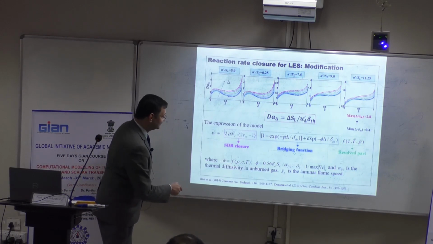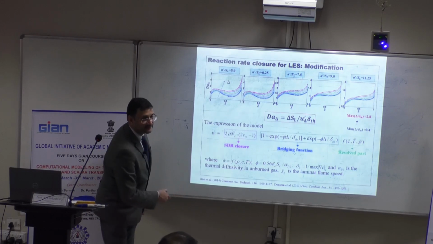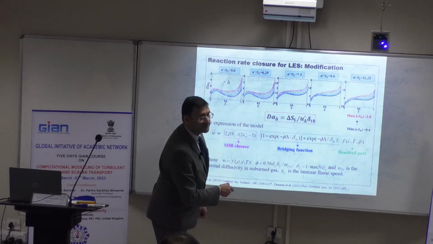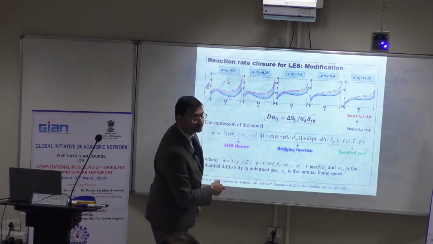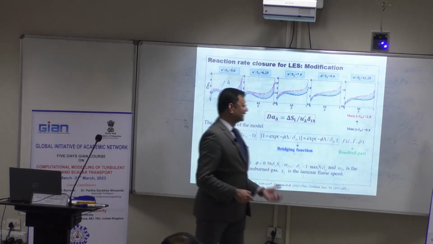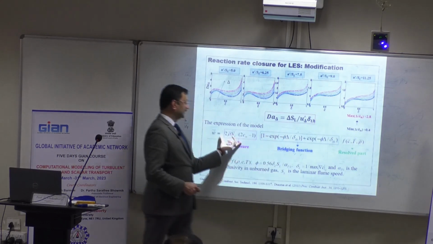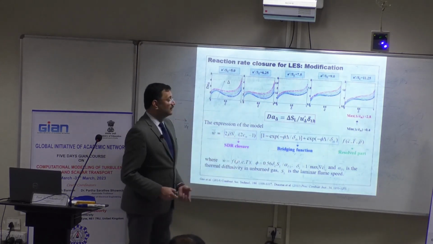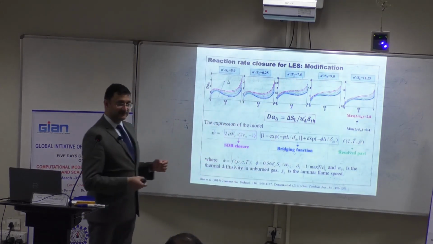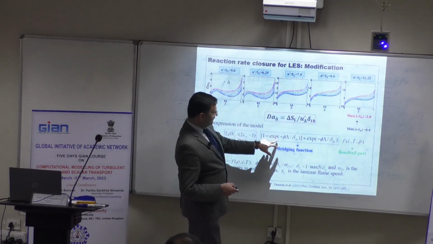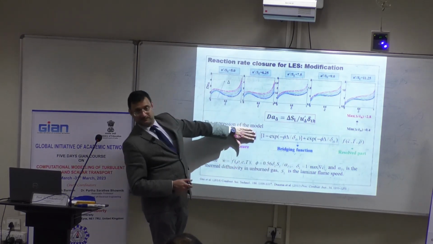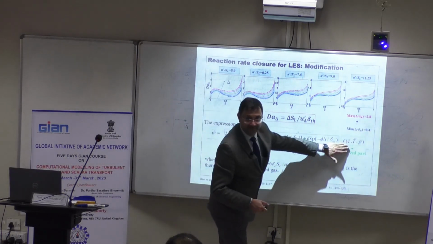It's basically the functional form in the instantaneous sense. The idea is when filter width is much greater than the flame thickness, this term goes to 0, and this term becomes 1, so that is multiplied with this. When filter width goes to 0, that means the DNS limit, then exponential of 0 is 1, 1 minus 1, so this term is switched off.